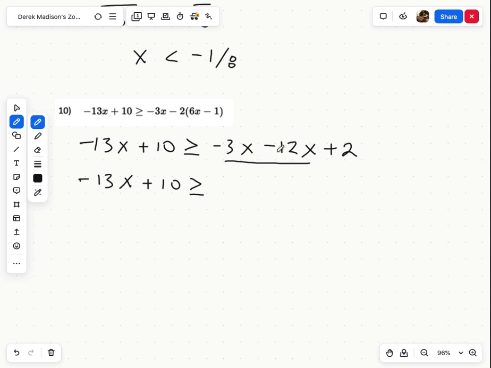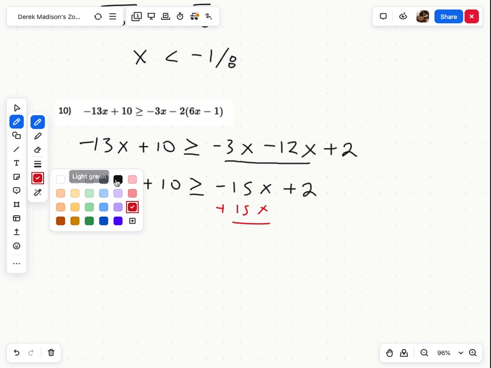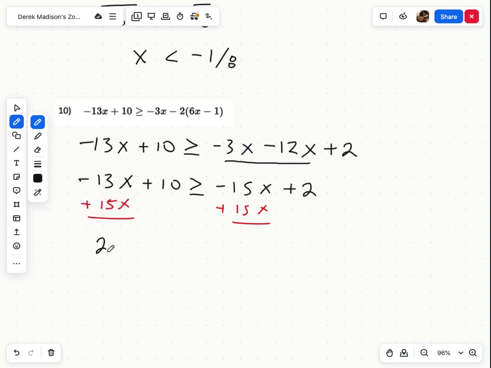And so minus 3 minus another 12 would give me minus 15x right there, and plus 2. So then we will add our 15x over, and then end up with 2x, so we won't have a negative on that to worry about.